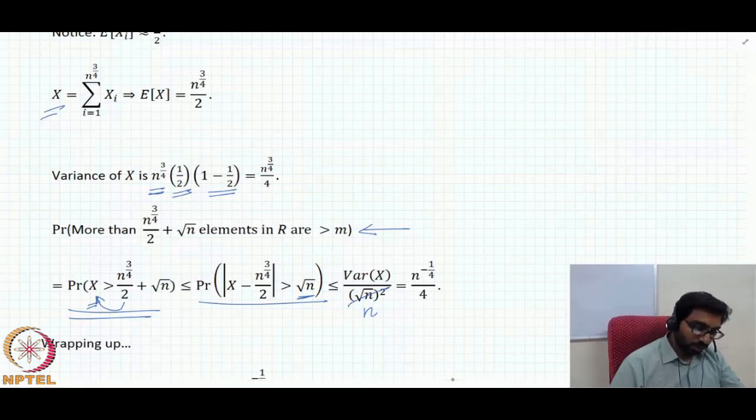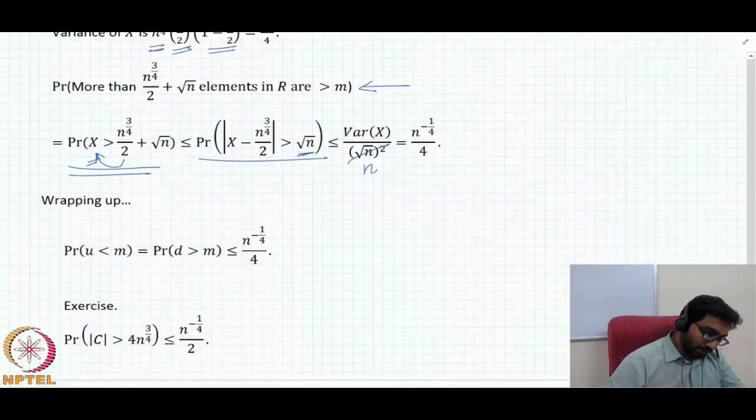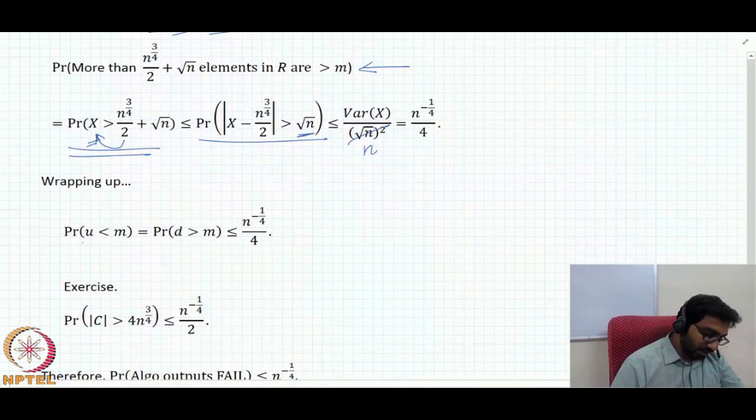And so this whole probability turns out to be n to the minus 1/4 divided by 4. By symmetry, the probability that the rank of M is less than expected is also at most n to the minus 1/4 divided by 4.